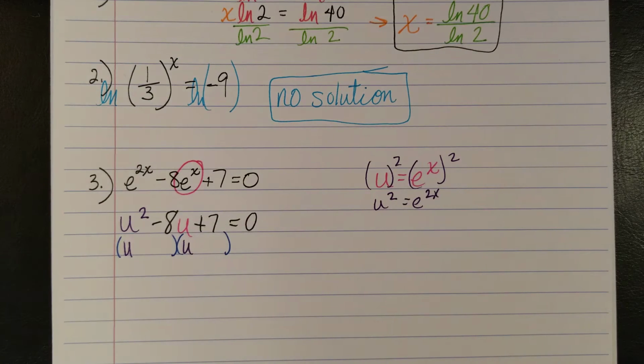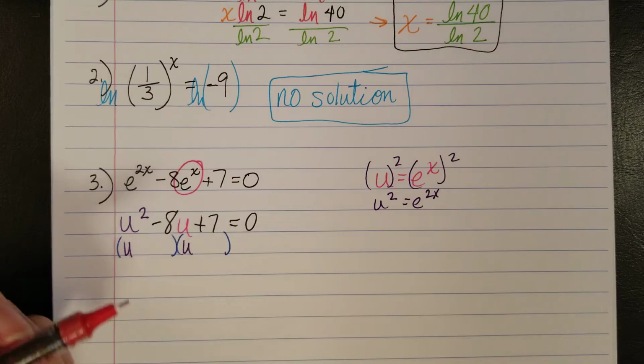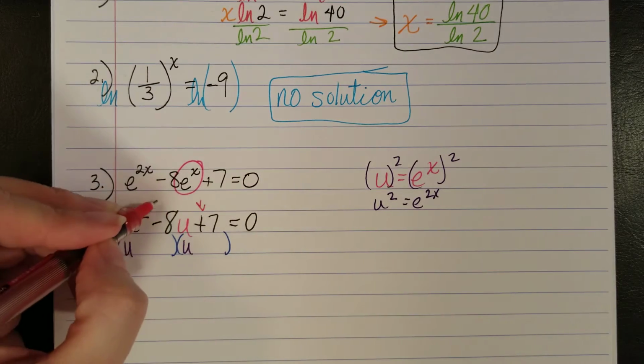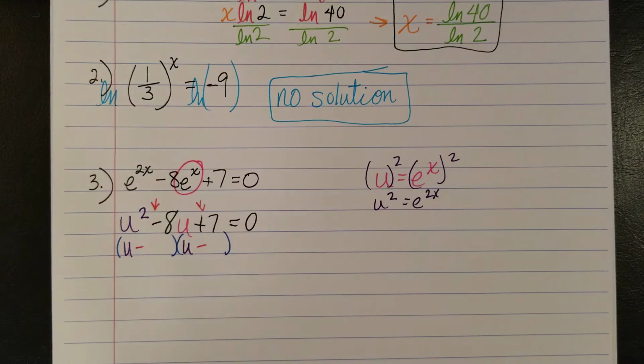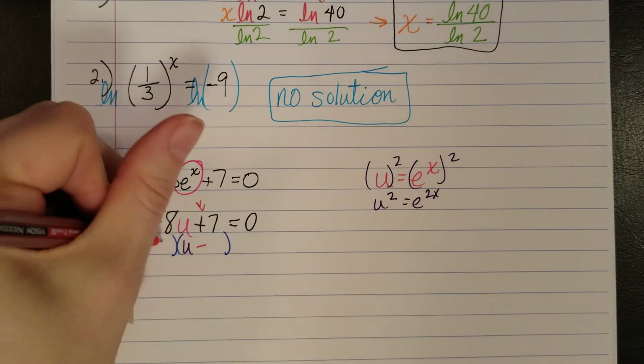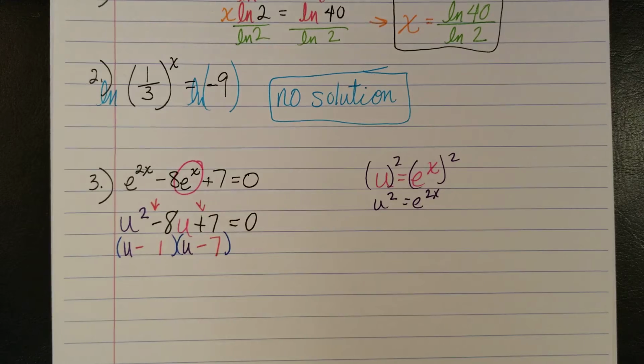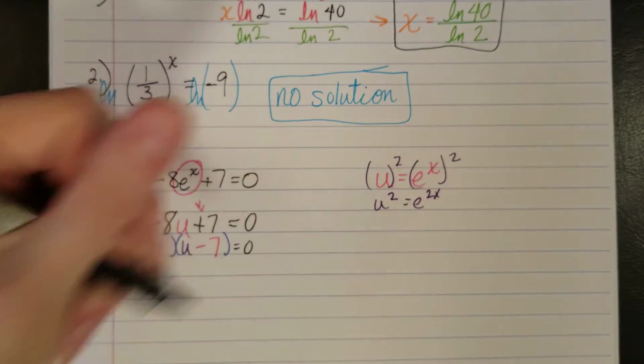All right, so two numbers that multiply to a positive 7 and add up to a negative 8. They have to be both negative, and it would have to be 1 and 7. And that still equals 0.